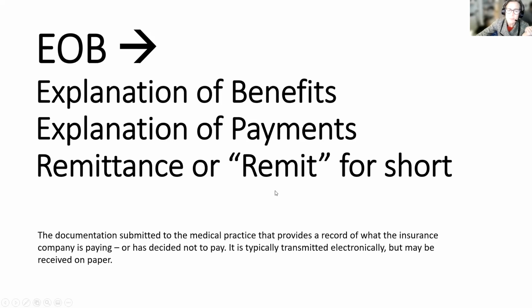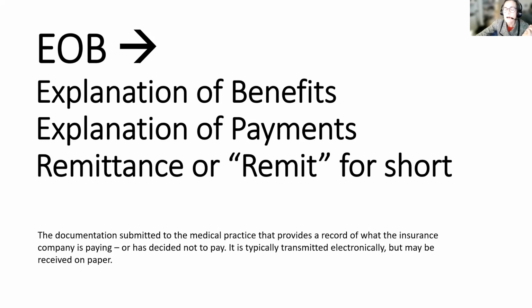So, what are we talking about here? An EOB or an EOP or a remit is the documentation submitted to the medical practice, to your business office, that provides a record of what the insurance company is paying or has decided not to pay. And for the latter, we typically call that a denial.